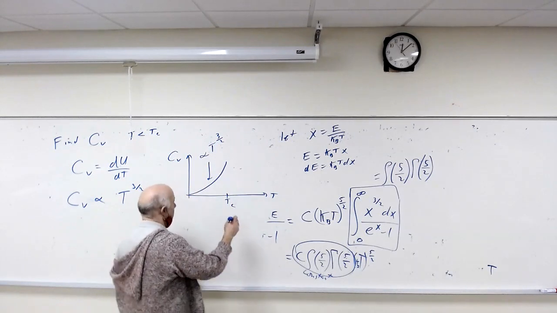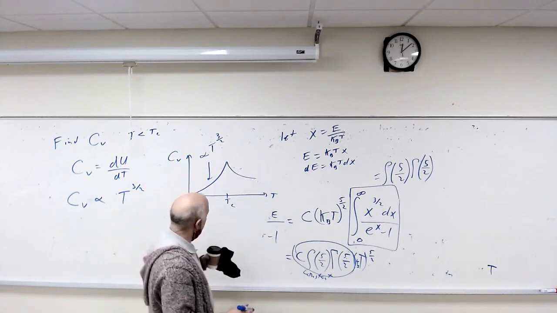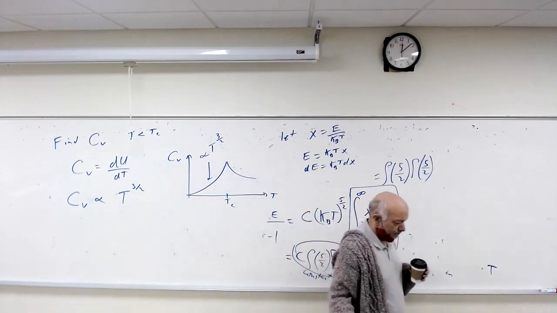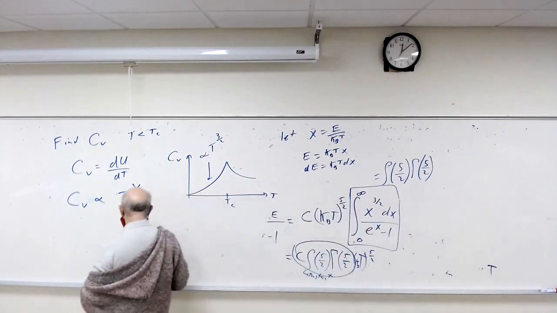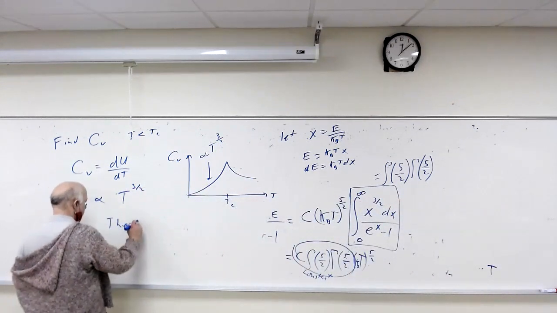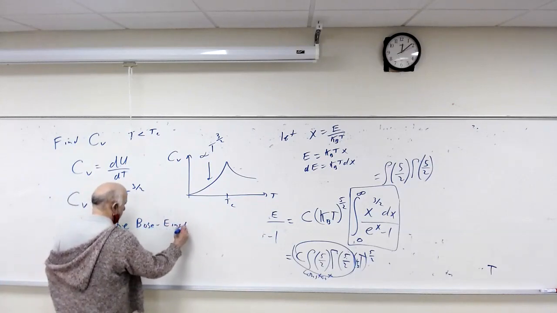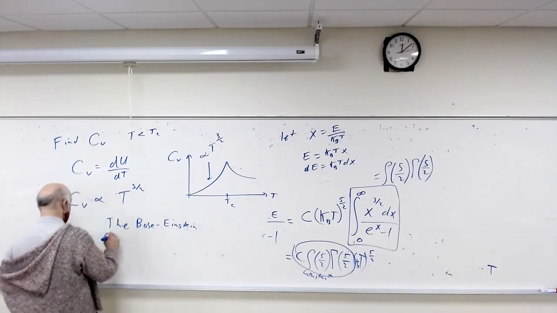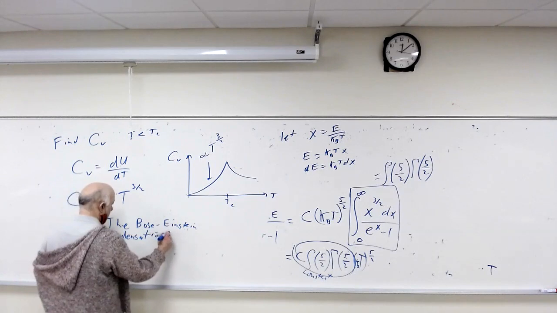If you work out the other parts here, then there's a discontinuity in the energy graph, like that in C_V. Okay. So this Bose-Einstein condensation is a phase change.